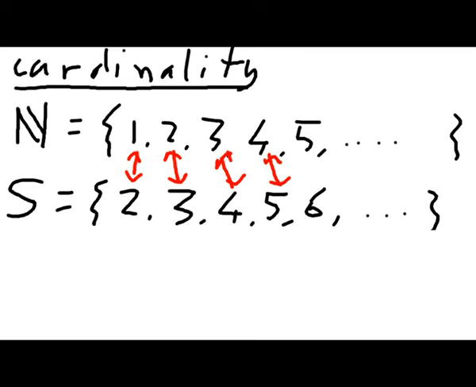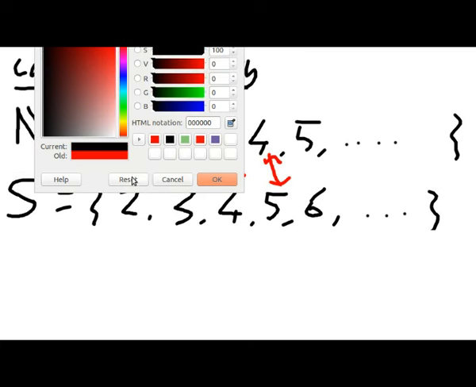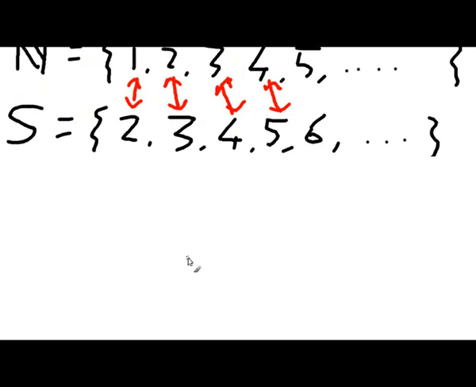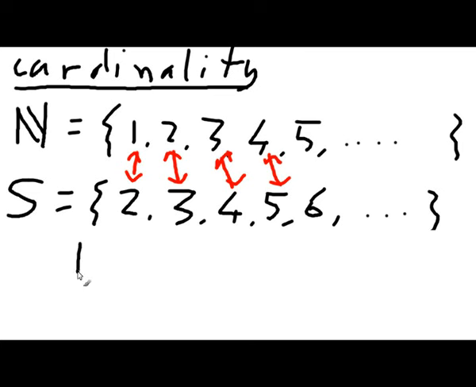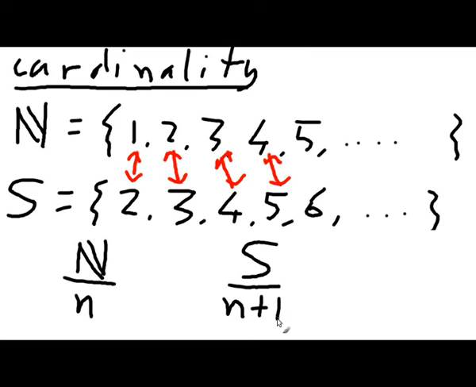So if I have a natural number n, lowercase n, I can pair it up with n plus 1 in the set S, right?